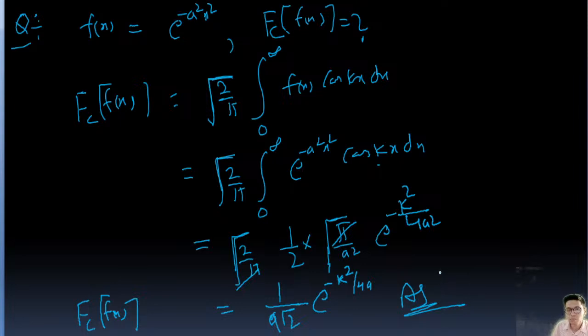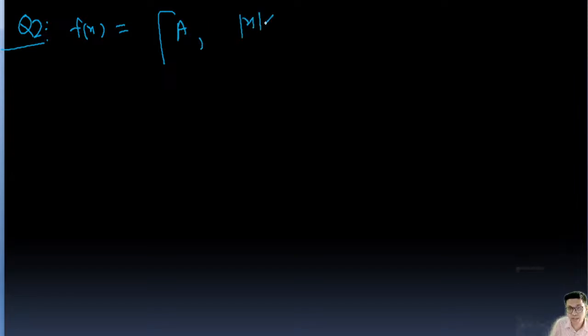I hope you understood it. Very simple. Next question we are going to solve. fx is given: fx is a when mod x is less than or equal to a, and the value of fx is 0 when mod x is greater than or equal to a.